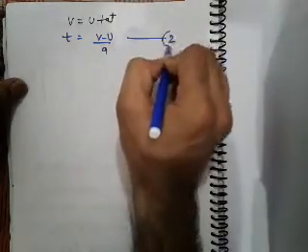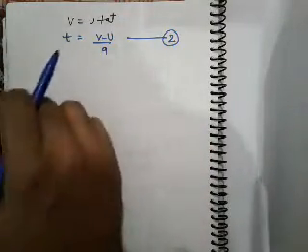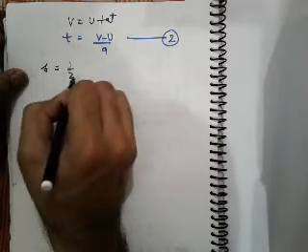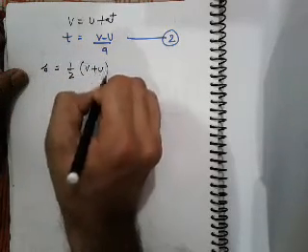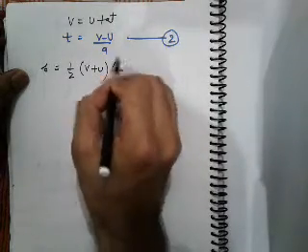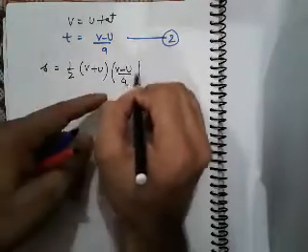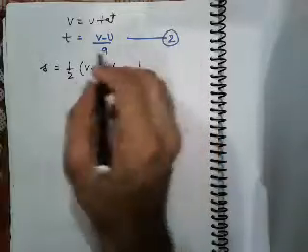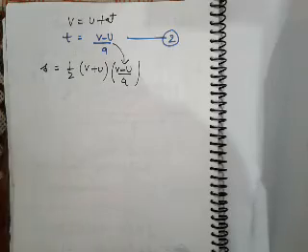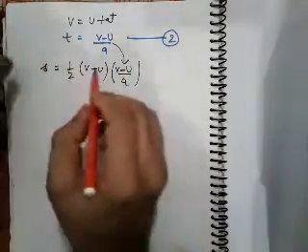Mention it as equation number 2, and put this value of time in the earlier equation, equation number 1. Then you will get S is equal to half in bracket V plus U, and in the second bracket, in place of time, I put this value, V minus U upon A. Now just watch this combination.